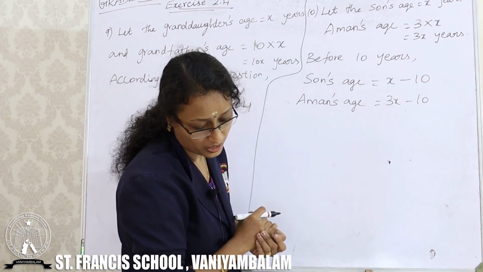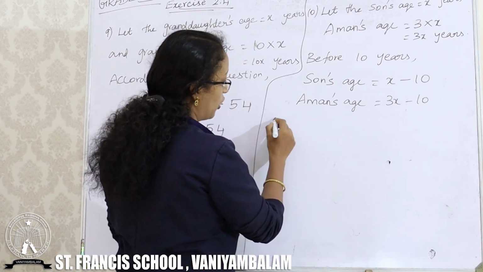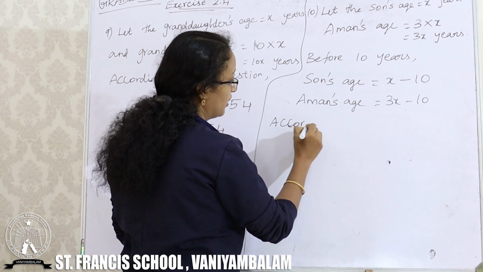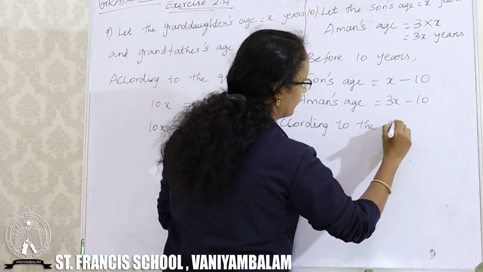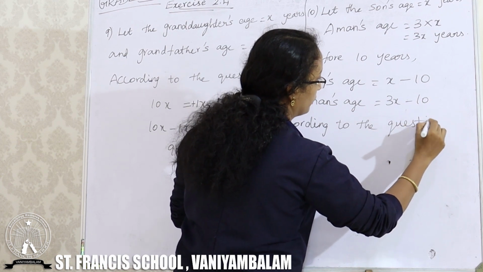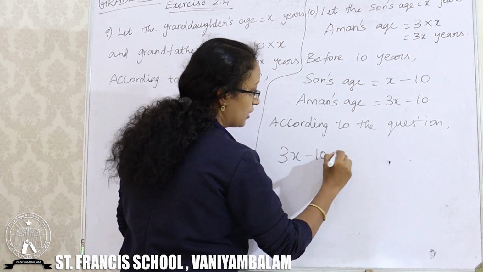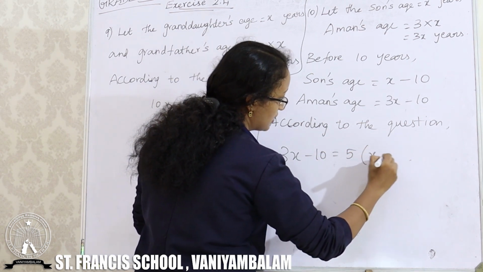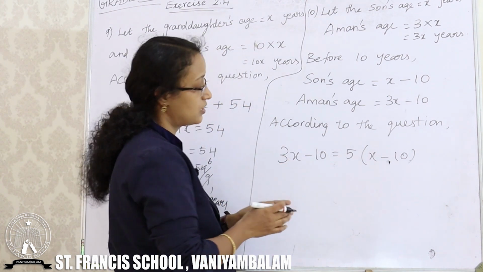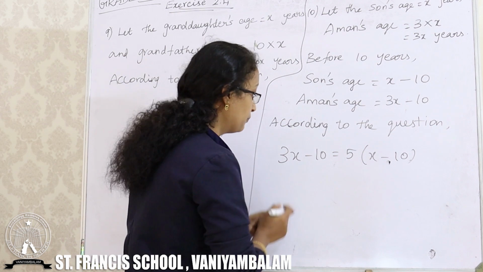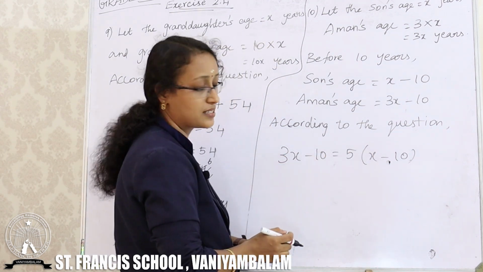So, according to the question, Aman was 5 times the son's age. We got the relation between the son and the father. Yes, 3x minus 10 is equal to 5 times the son's age.